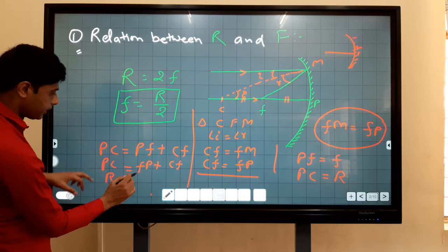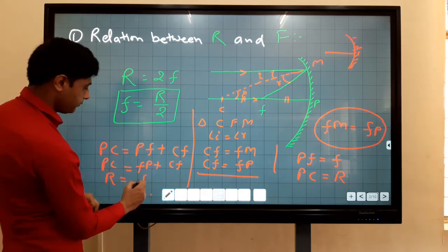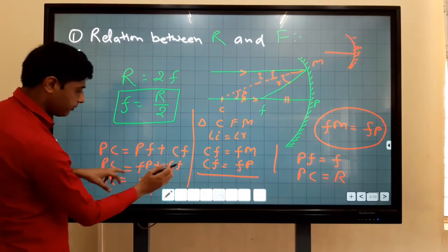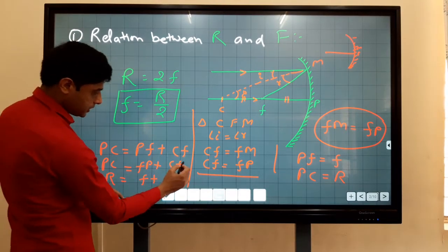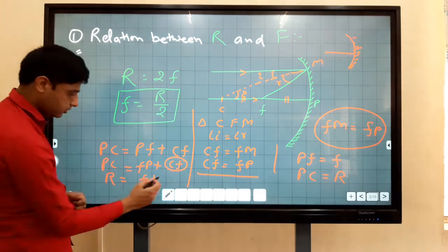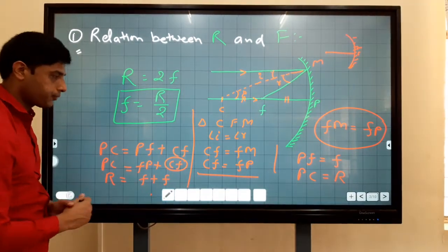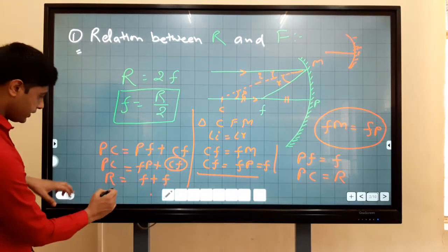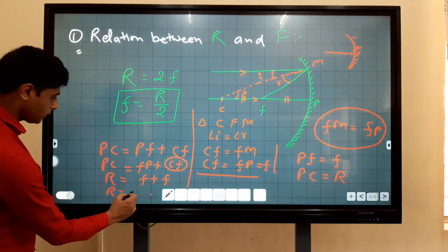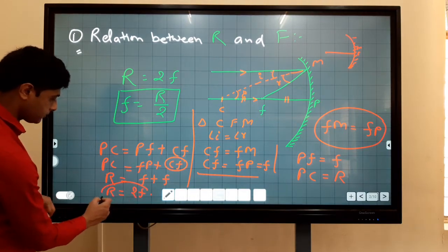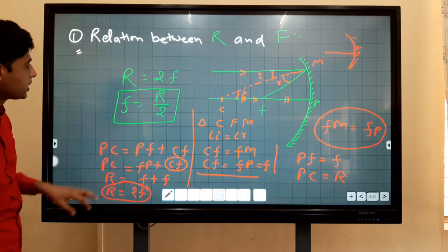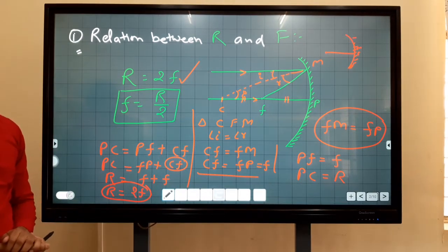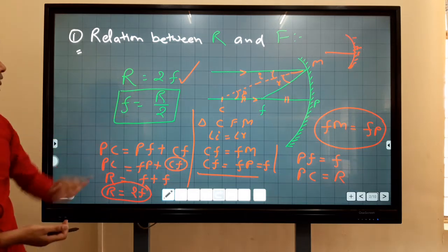It means R equal to PF equal to F, and CF equal to also FP, so it is also equal to F. So it means R equal to 2F. That is the relation between radius of curvature and focal length of a mirror. It means F equal to R by 2.